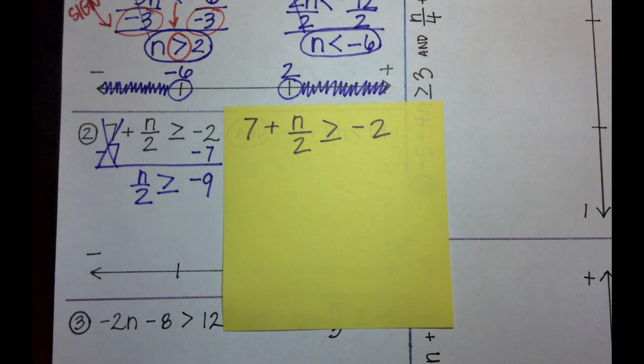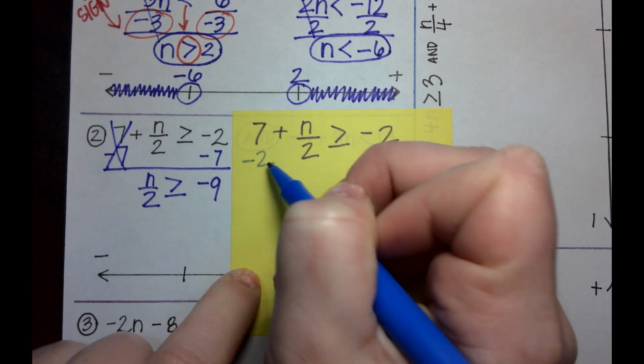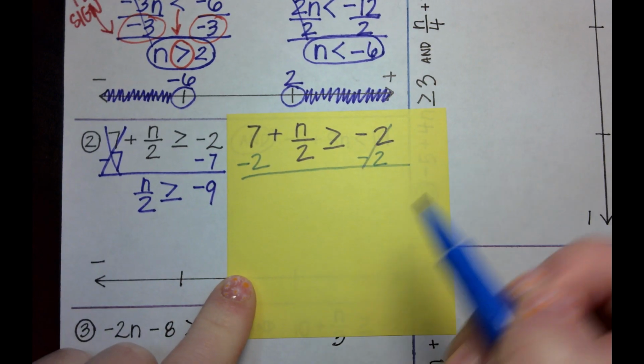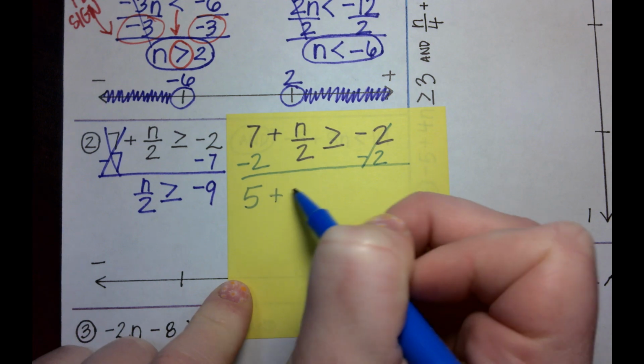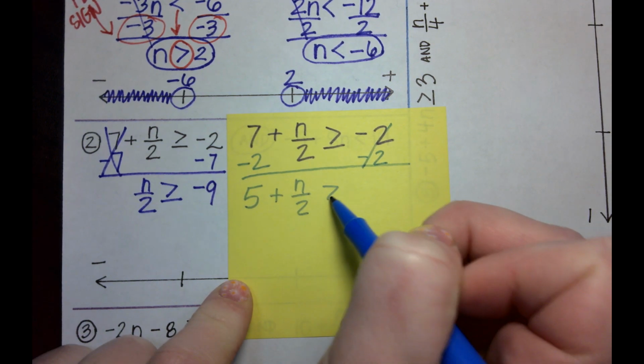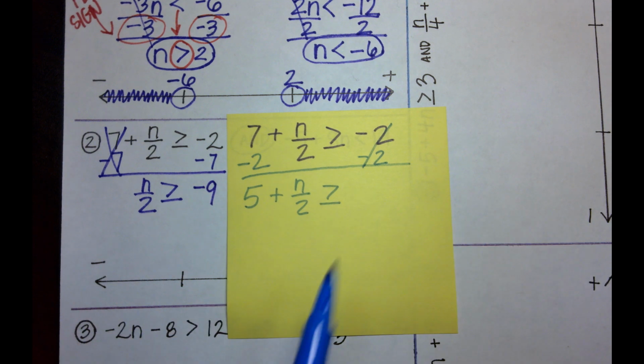So let's look at this. What if I did this first? And then I had 5 plus and 2. Well, okay, so what's wrong here? Subtract it from the wrong side. Yeah.